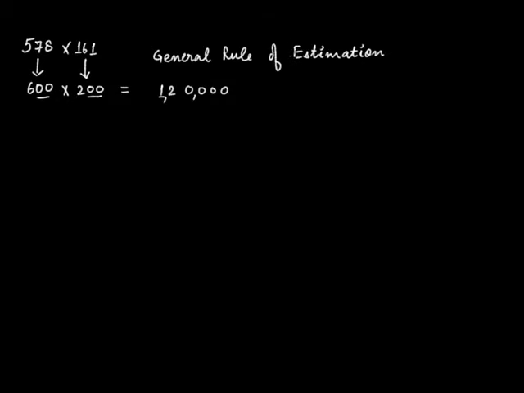Let's take another possible way for the same question, 578 times 161. What if I round off 578 to its nearest 10? It will become 580, right? And if I round 161 to its nearest 10, it will be 160, right?